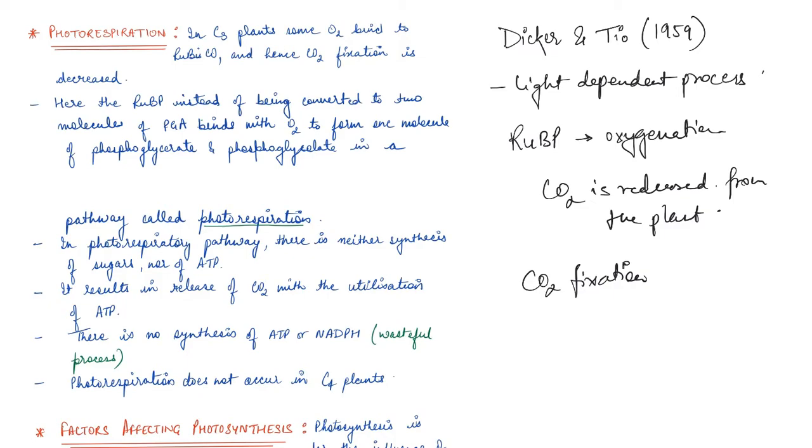This is the reaction where RuBP, the first carbon dioxide acceptor, ribulose bisphosphate, combines with carbon dioxide, right? And it forms two molecules of 3-phosphoglyceric acid, 3-PGA. So this was the first step in the Calvin cycle, right?